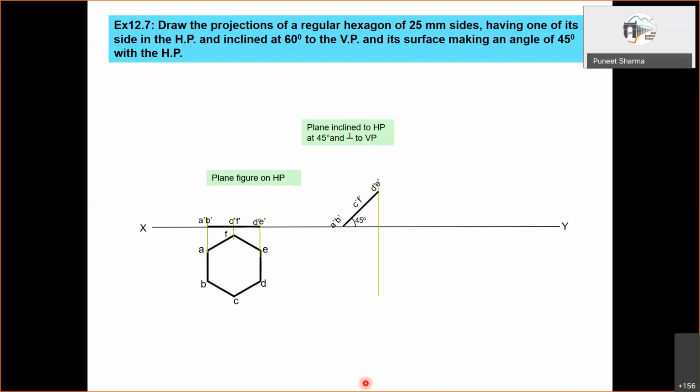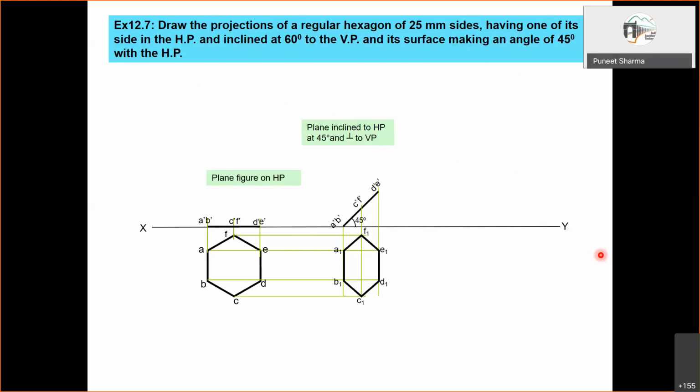Then we'll look at the top view. The intersection of F here and then F dash here locates F here. From A we will obtain here, B we will obtain here, D we will obtain here. Okay, so like this we obtain these corner points, and then we get a reduced top view.